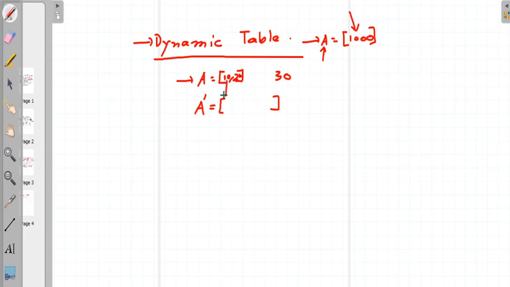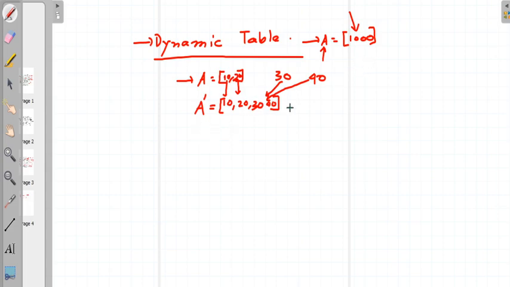First this one will be copied back, and then this 30 will be added. Next time, whenever some other element comes, it may be entered here without copying and doubling.